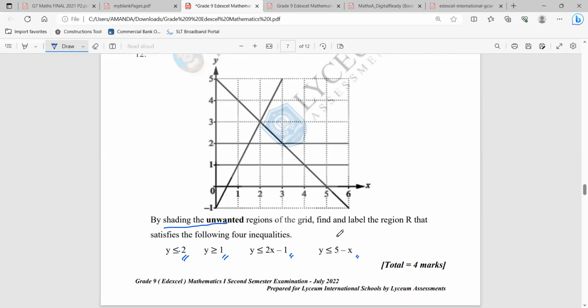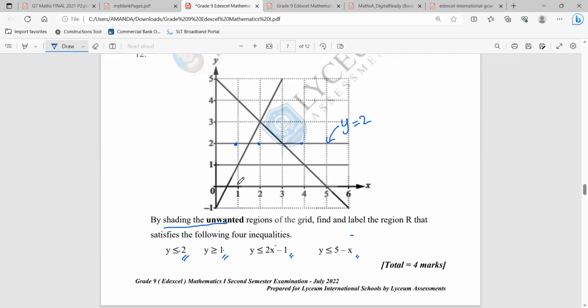So they have given 1, 2, 3, 4, all these 4 lines. Right? Now I can identify the y equals 2 line. Where is the y equals 2 line? Okay, this is the y equals 2 line. Why do I say it's y equals 2? So any point on this line, the y coordinate is 2.